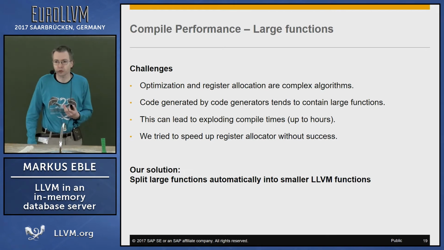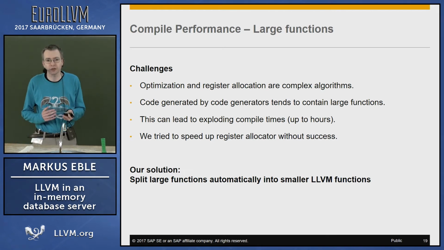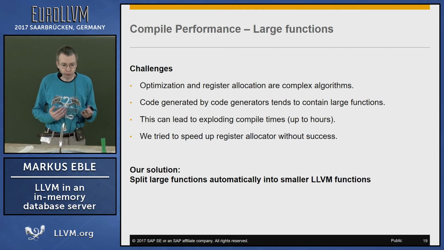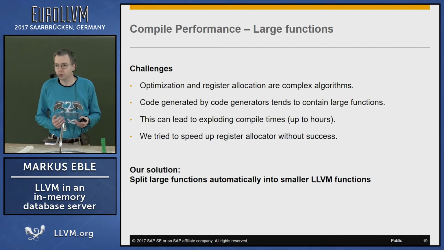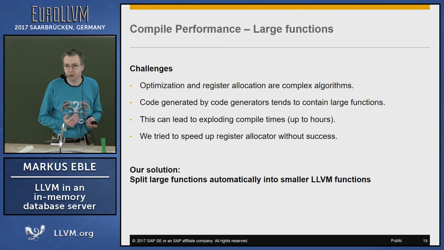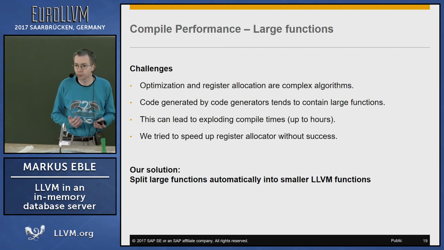Since we use code generator over several layers, generated code sometimes tends to become very large, especially within one function. And we have many nice optimizer passes in LLVM, which are used to speed up things. The problem is most optimizer passes have a nonlinear behavior. So if your function gets really huge, several thousand lines of code, then you can end up with compile time of minutes or even hours.